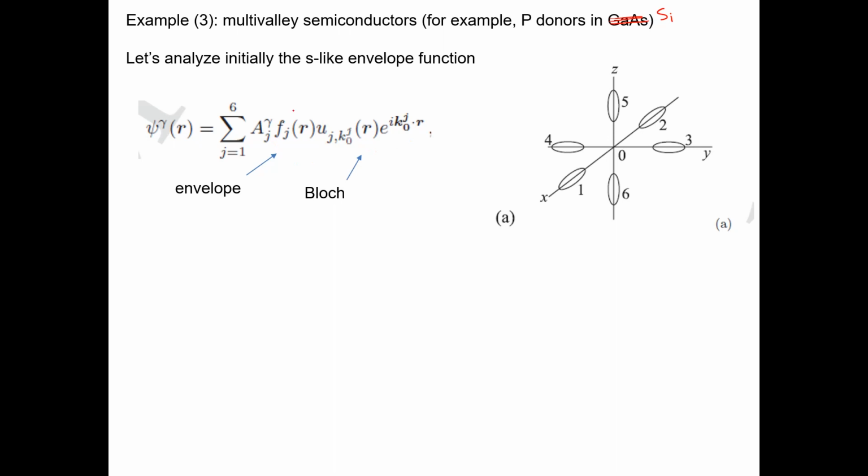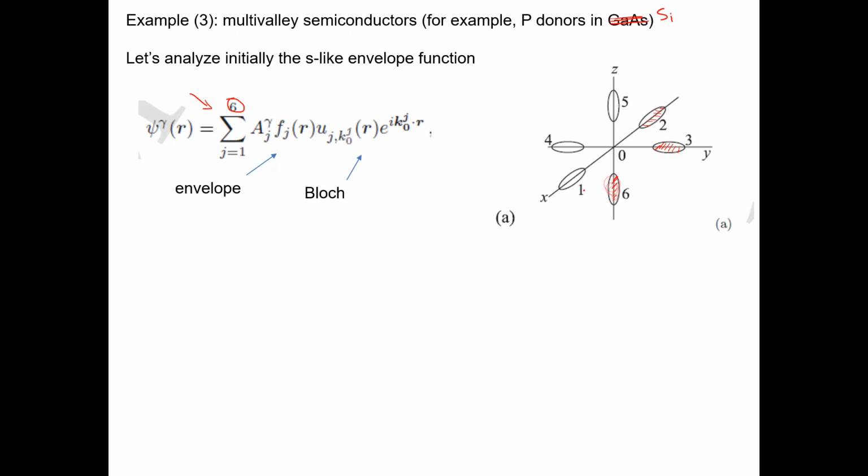So this has a smooth variation, and this is the atomic-like variation of the wave function on the atomic scale. And what this is telling me is that we have to start our analysis considering the 6 different valleys. So in k space, these electron pockets, 6 of them, right?